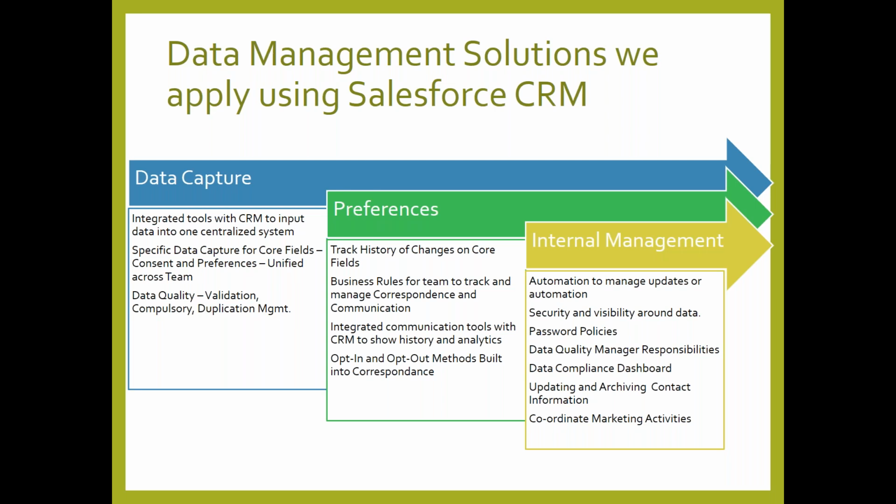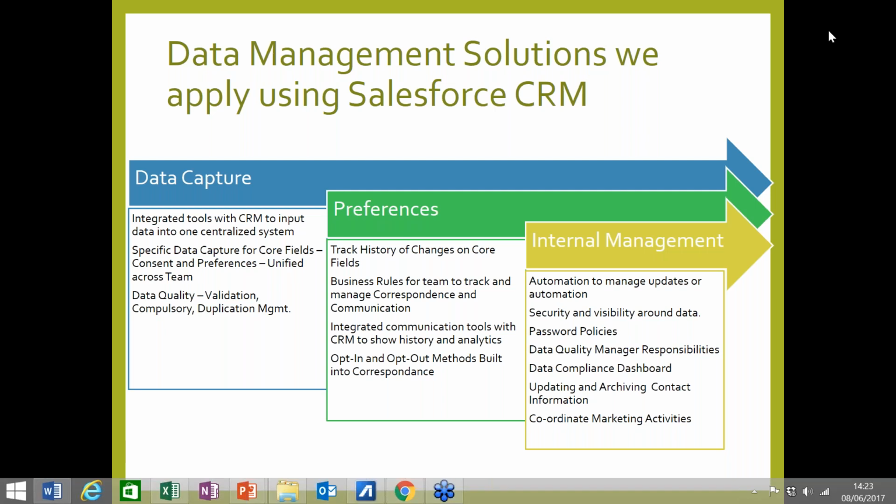On the final point around internal management, we've got, I think, 6 key points here. So automate: set up automation in your CRM to manage updates to your contact information. If you want to automatically archive somebody or update their information, can you set up automation so it's not down to manual user error or lack of update?